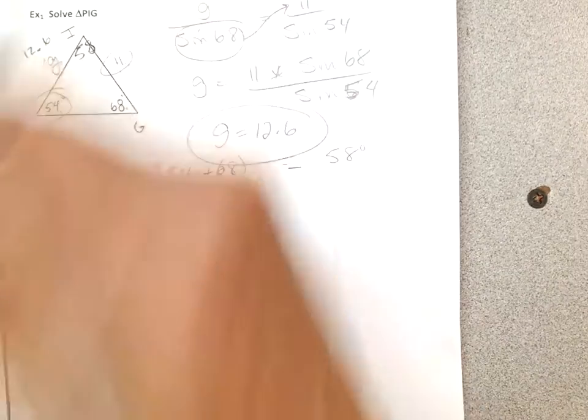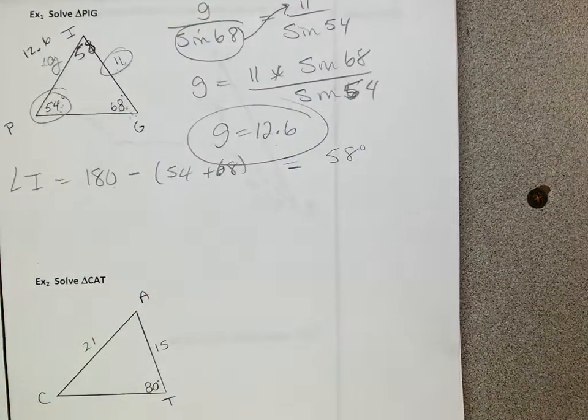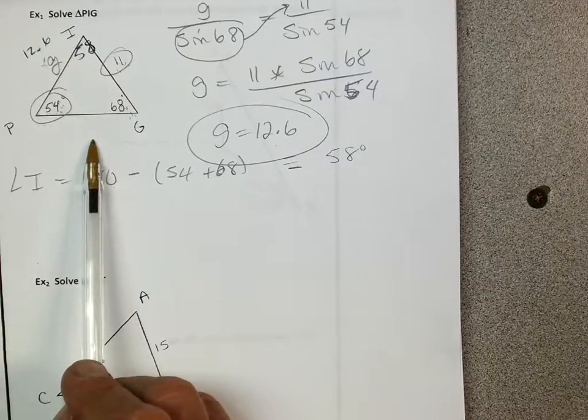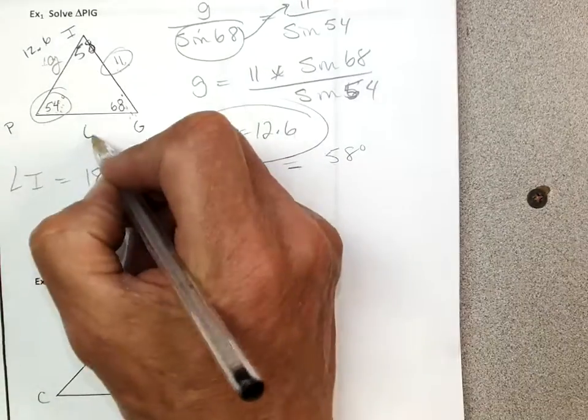Now, there is no Pythagorean theorem. It is not a right triangle. Don't try and use the Pythagorean theorem. It will not work. But we have the law of sines, don't we? We've got little I, so we have a pair of opposites.